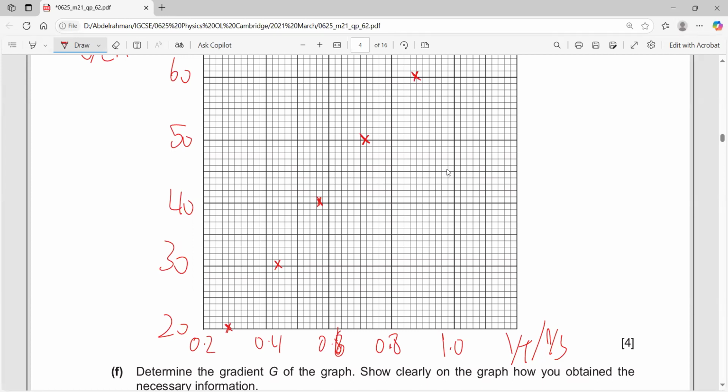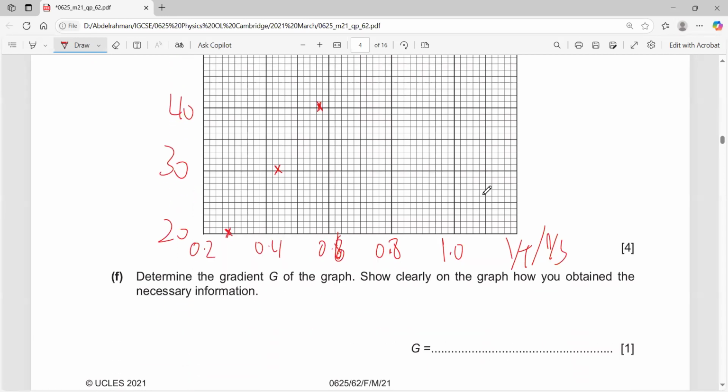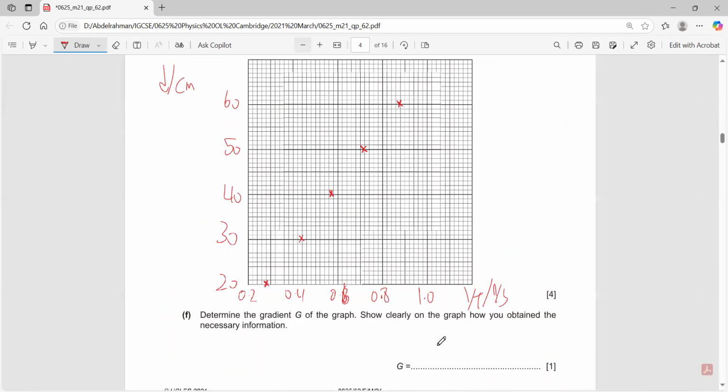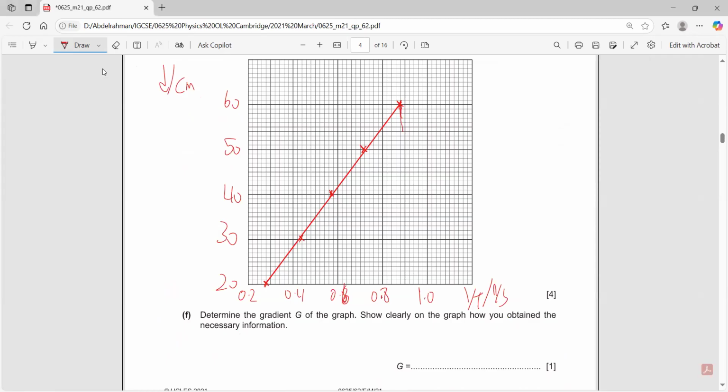Can I draw a line of best fit and find the gradient? Yes, line of best fit, and then find the gradient. This is an easy line of best fit. Yes, this is a decent line of best fit. To find the gradient, you need to use the triangle method by joining two very distant points.